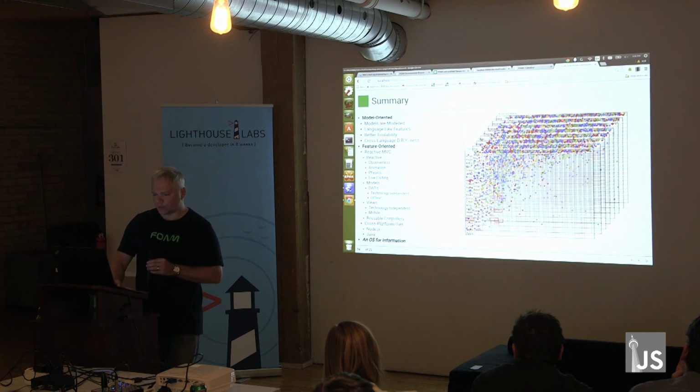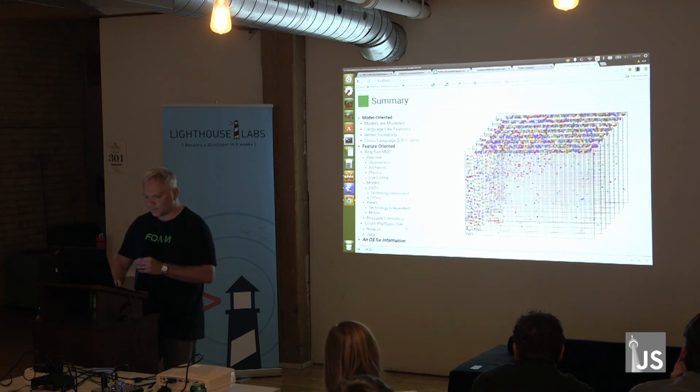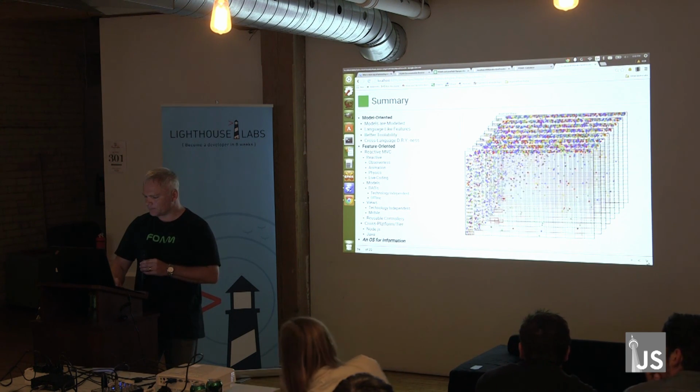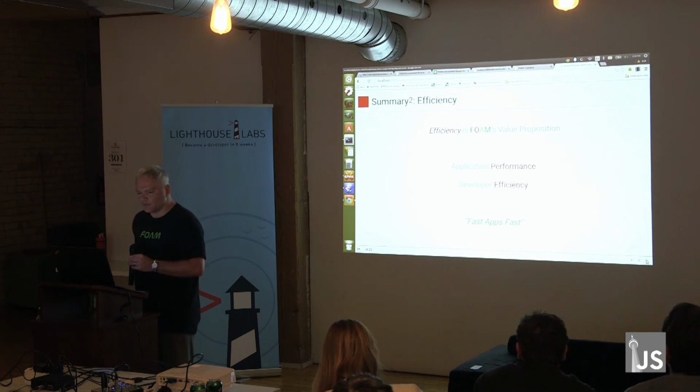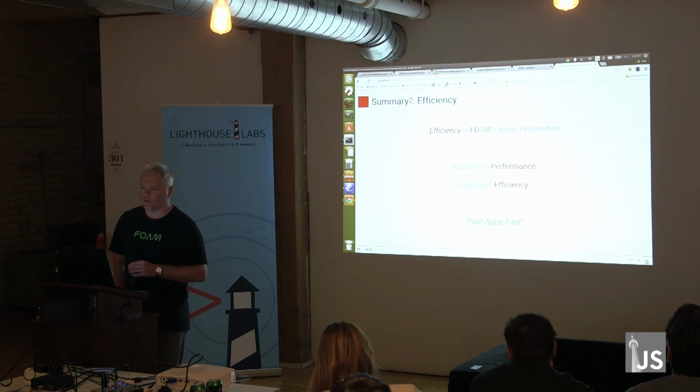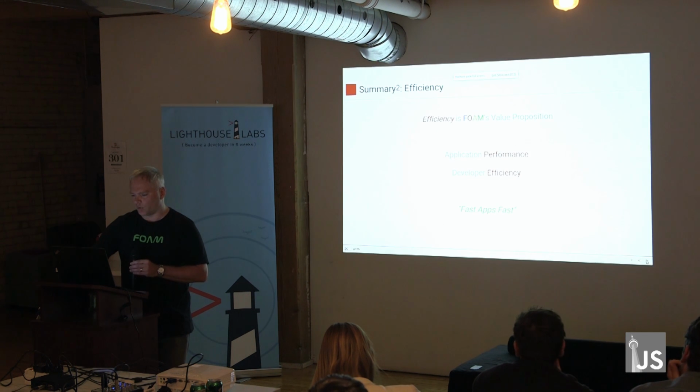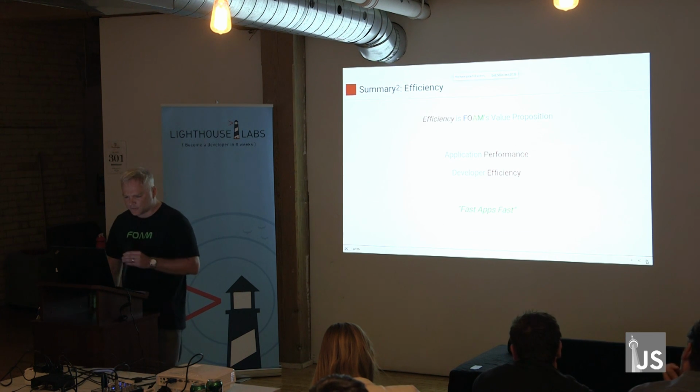We have reusable controllers. We're cross-platform and cross-tier, and basically we're creating an operating system for information. Or to summarize, the summary of the summary, efficiency is really Foam's value proposition. We're talking about application performance and developer efficiency, or as we like to say, fast apps fast.